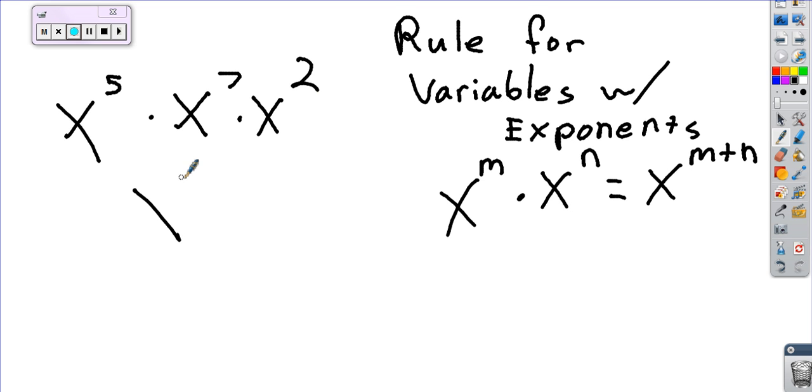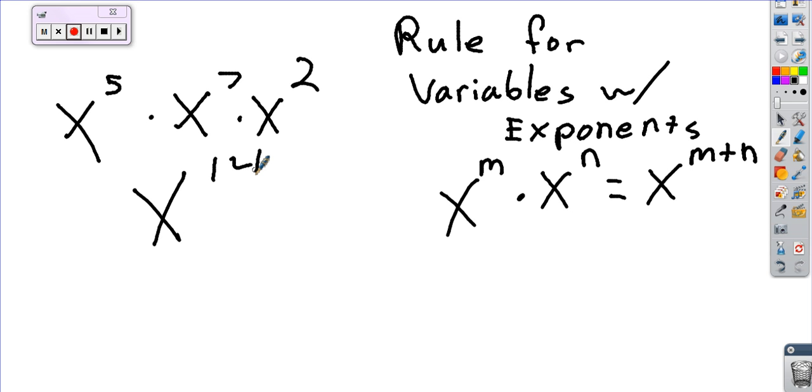So when we do that, we get x to the, what do you think? 5 plus 7 plus 2. 5 plus 7 is 12. 14. So it's x to the 14th, because all we do is add the exponents.